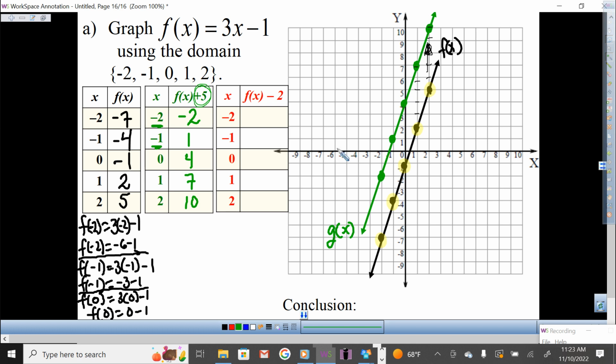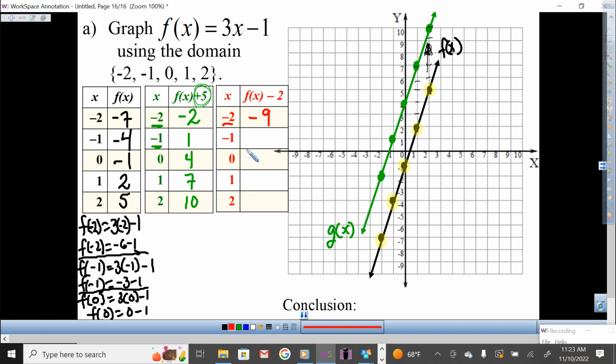Look up. What's going to happen to the original now with this new transformation? Tell your neighbor, please. Yeah, it should go down how many spaces? 2. So let's use math first to fill this in, and then we'll do the graph. Let's fill in that table. At x of -2, the original f of x was what? -7 minus 2, that's -9.